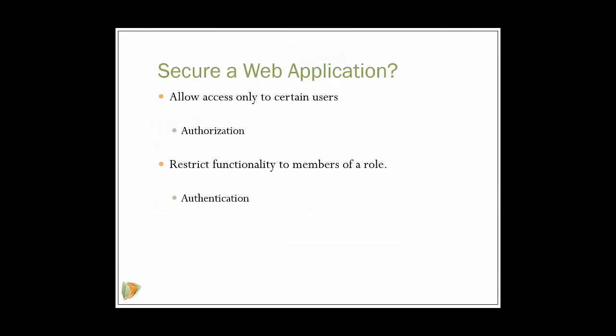And so what does it mean to secure a web application? The first thing we would talk about is that we want only certain users to access that application. This process is called authorization, sometimes abbreviated auth-z. Again, we only want certain people to access this. It's not anonymous.